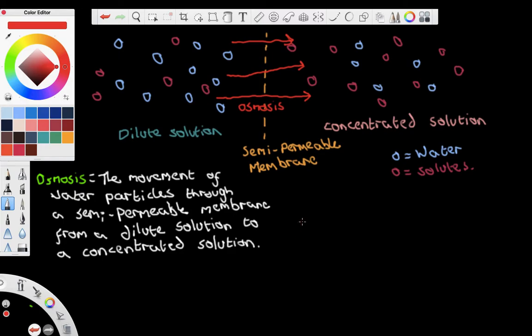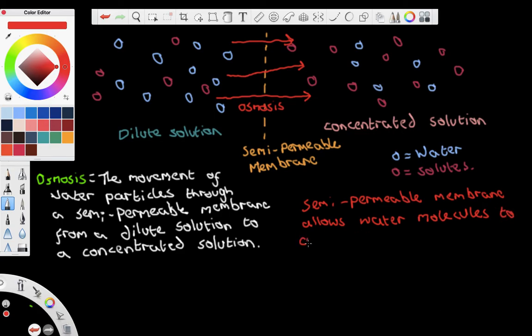So we can just say underneath here that the semi-permeable membrane allows water molecules to cross it, but not solutes.